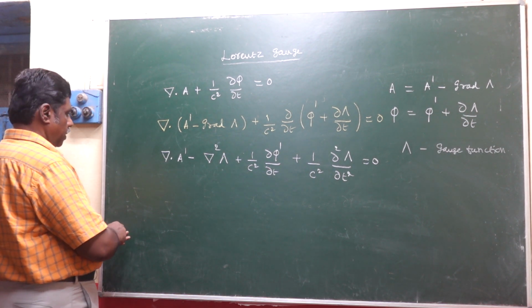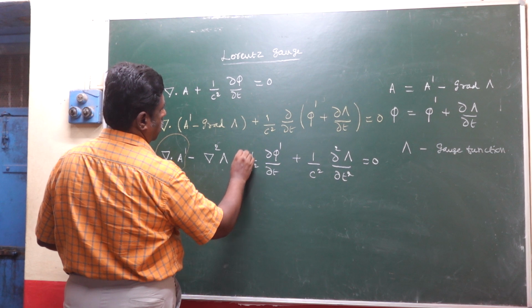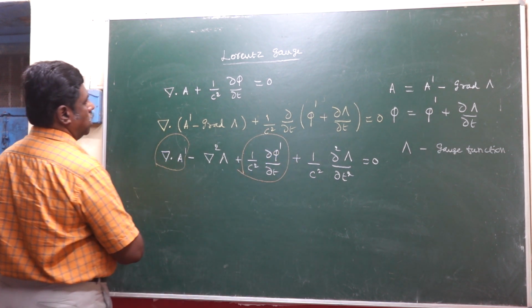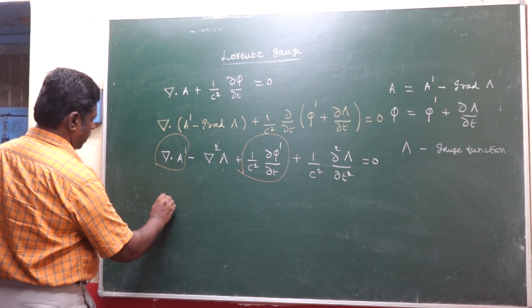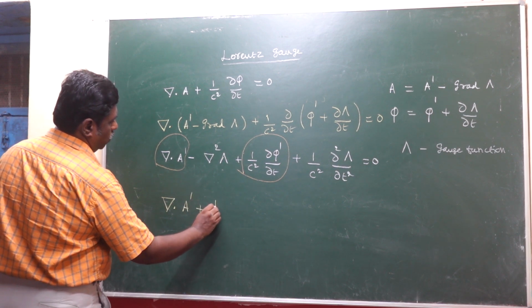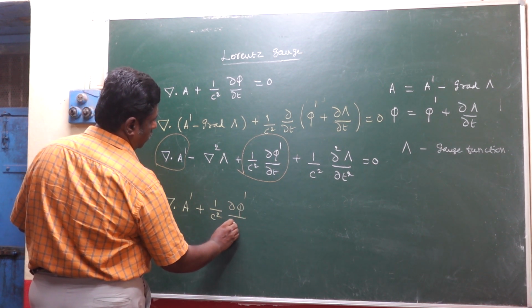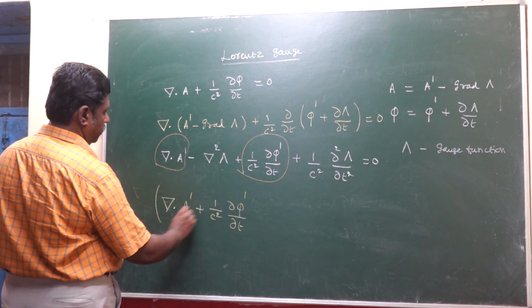Now align these two terms: del dot A dash plus 1 by c square dou phi dash by dou t.